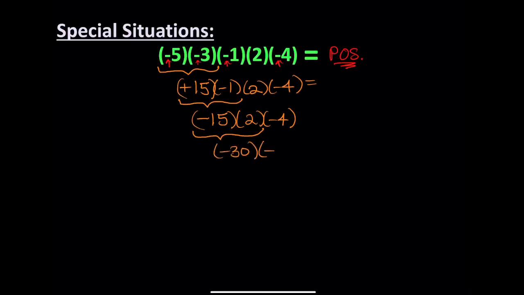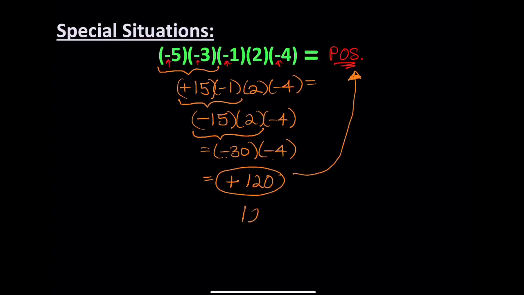Drop down the negative 4, and then our little experiment here works because we have a negative times a negative, and a negative times a negative is a positive, and so we've got 30 times 4, which is 120, which supports what we were saying earlier, that it's going to be positive. So 120. Remember, like I said, if it's positive, you don't need to put a plus sign in front of it. Just writing 120 is fine. If you write a plus sign, that's also okay.